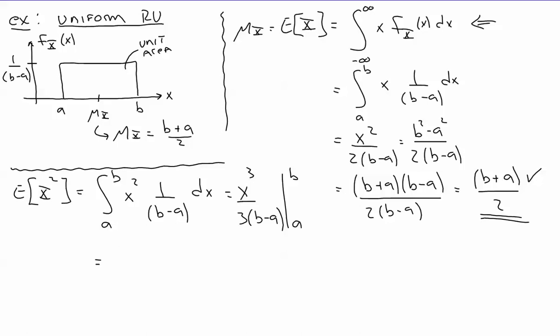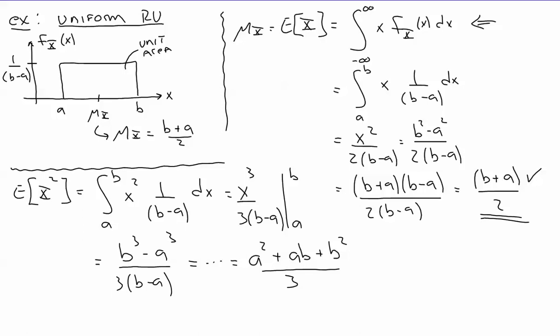That equals b cubed minus a cubed over 3 times b minus a. And I'll let you do the factoring steps. After some factoring, we end up with a squared plus ab plus b squared over 3. And I'll admit, that's not really so obvious to me. That's the mean squared value.